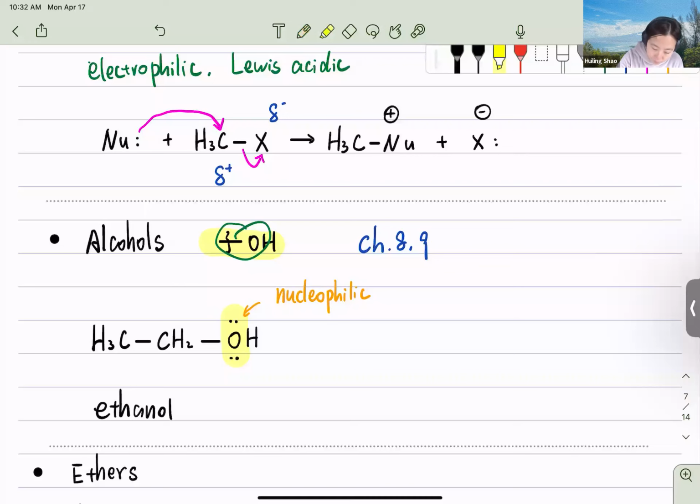Alternatively, the carbon here, because it's bonded to an electronegative atom, oxygen, can act as an electrophile.